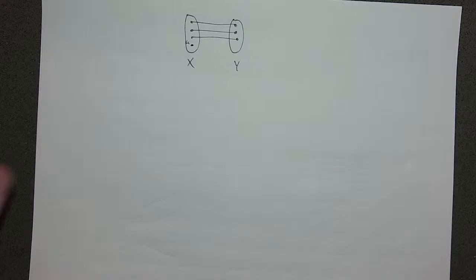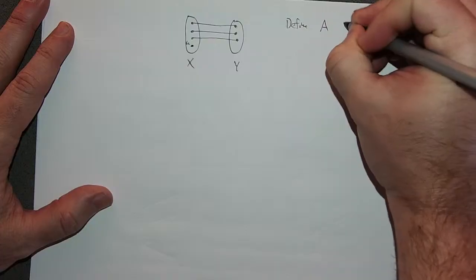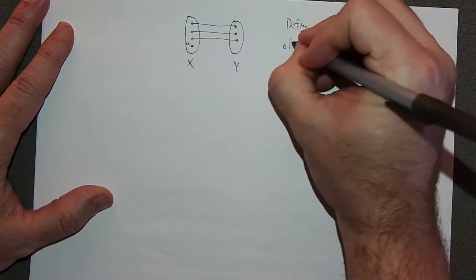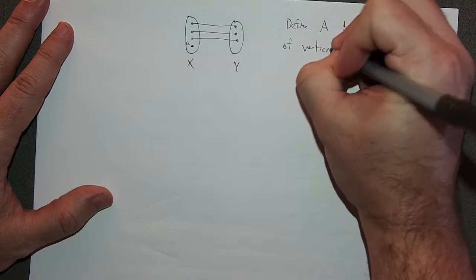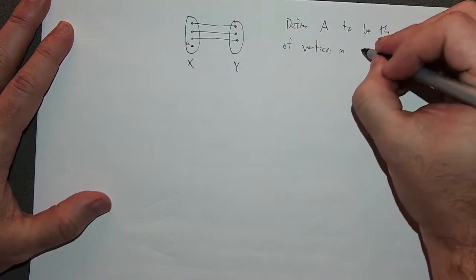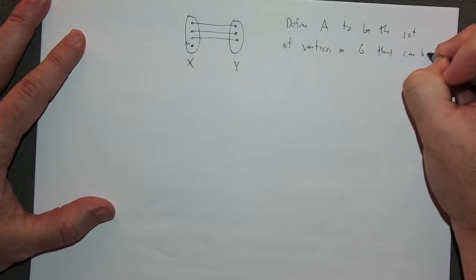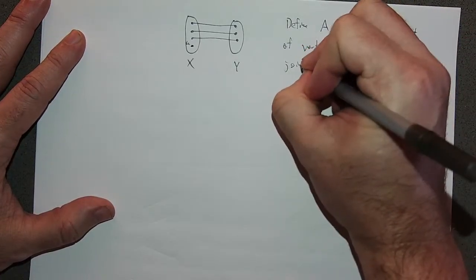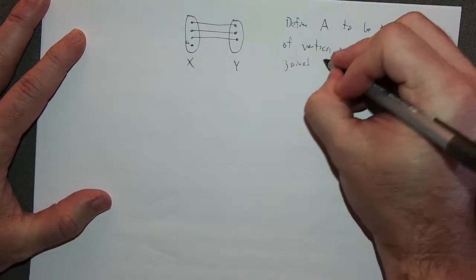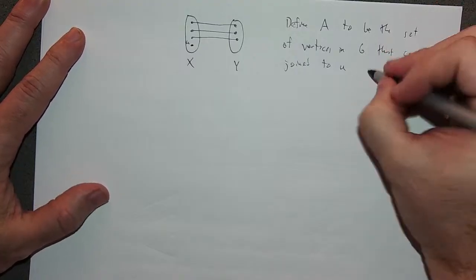Okay, define A to be the set of vertices in G that can be joined to U by an M alternating path.